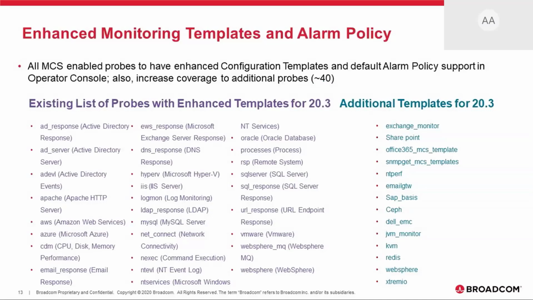So in order to unify the configuration experience, we plan to add another 15 probes from the same MCS template list captured on the right side of your screen, which we plan to add with UIM 20.3. So with 20.3, there will be more than 40 probes which today support legacy templates that will have enhanced templates as well. So you'll be able to configure using the setup wizard and also get alarm policies for them.